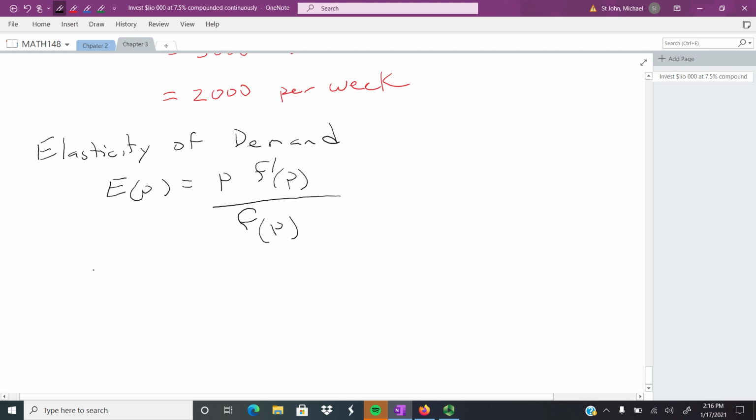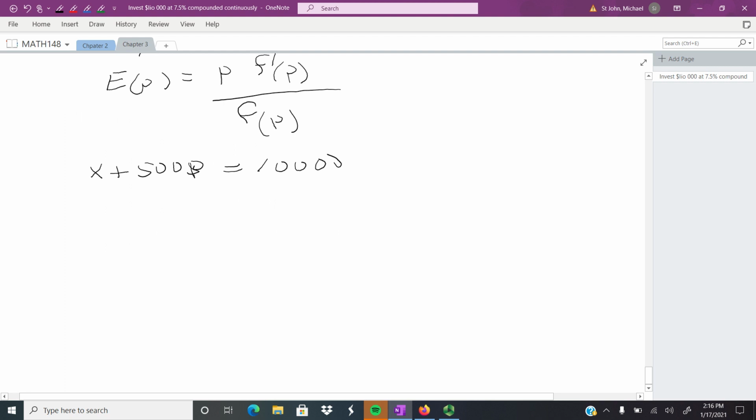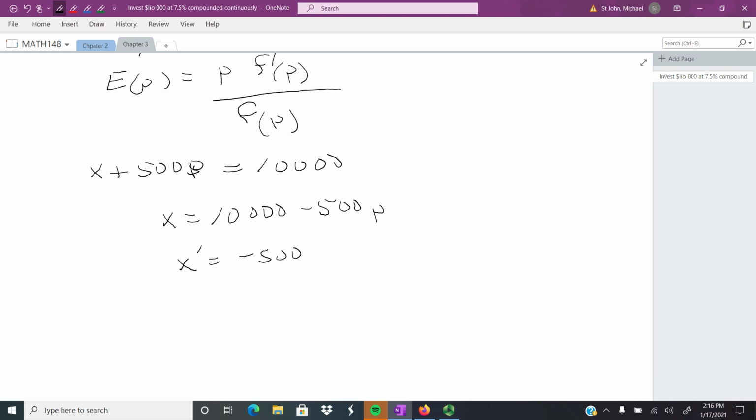Let's say that x plus 500P equals 10,000. So that would mean that x is going to be 10,000 minus 500P. And so then x prime is going to be minus 500, the derivative of x with respect to P. Let's actually relabel that. So this is going to be dx/dp.